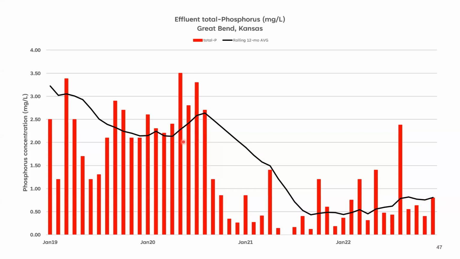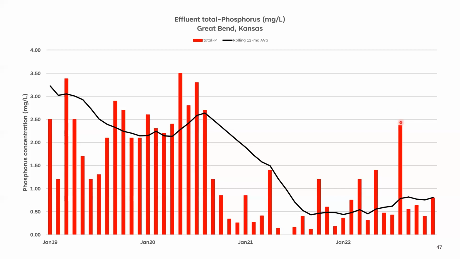I'd like to highlight on this graph the rolling 12-month average, this is the black. You'll see it takes a while for the rolling 12-month average to come down, even though the monthly averages have gotten pretty low. So your high values do stick around with you, but towards the right of this graph, you'll see some of the benefit of the rolling 12-month average.